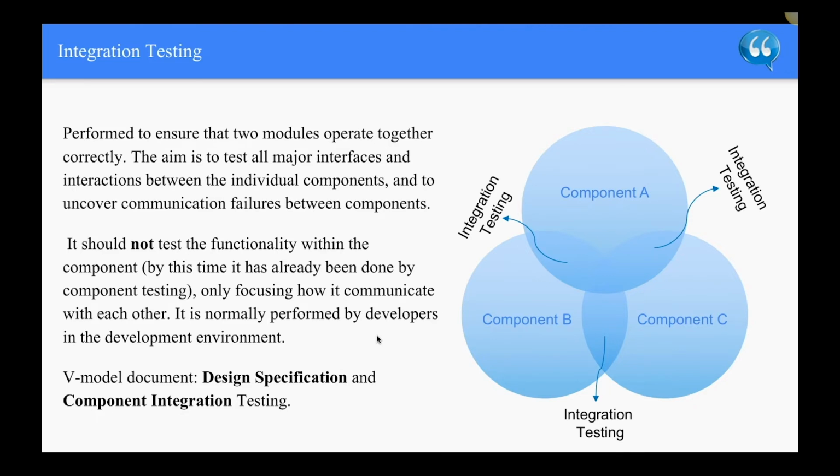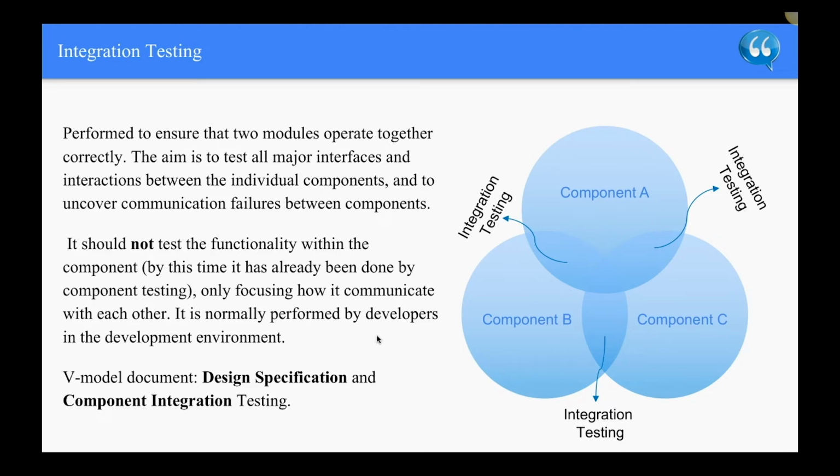It should not test the functionality within the component, because by this time that has already been done by the component testing I showed in the previous video. It only focuses on how components communicate with each other. It is normally performed by developers in the development environment.